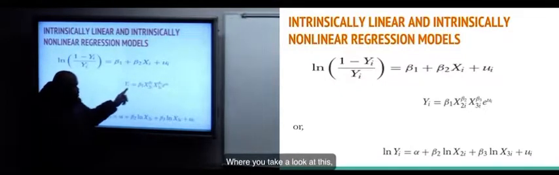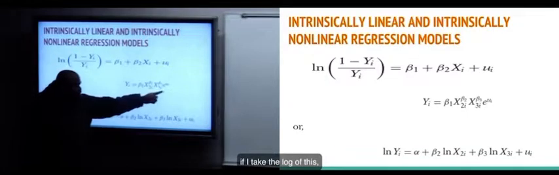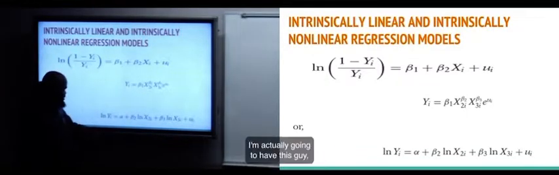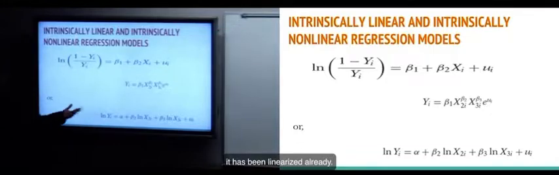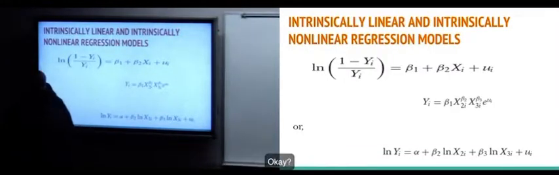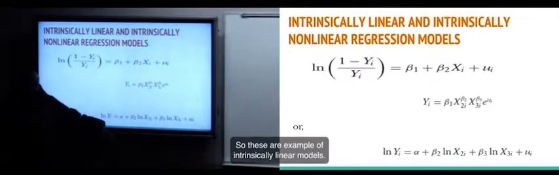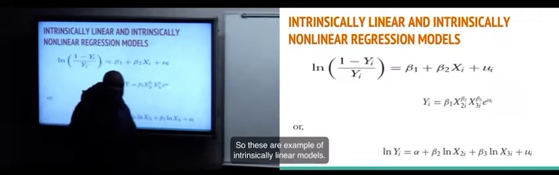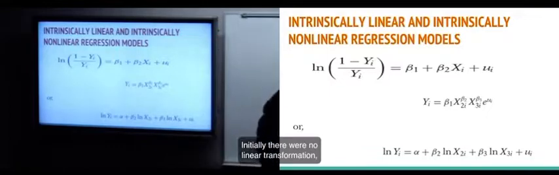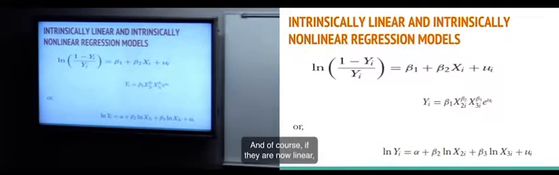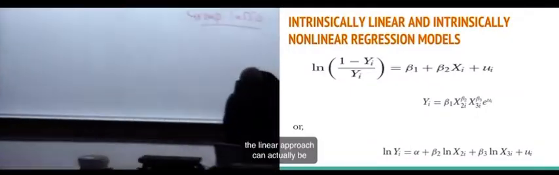If I take a log of this, I'm actually going to have this. It has been linearized already. Look at that. This is now linearized. So these are examples of intrinsically linear models. Initially, they were not linear, but with a certain transformation, they become linear. And of course, if they are now linear, then the linear approach can be used to estimate the parameters. I wanted you to take note of that.